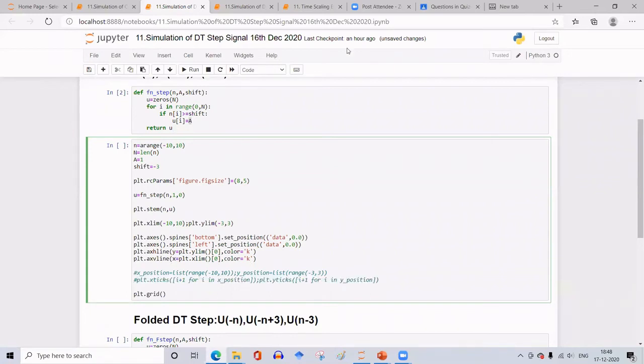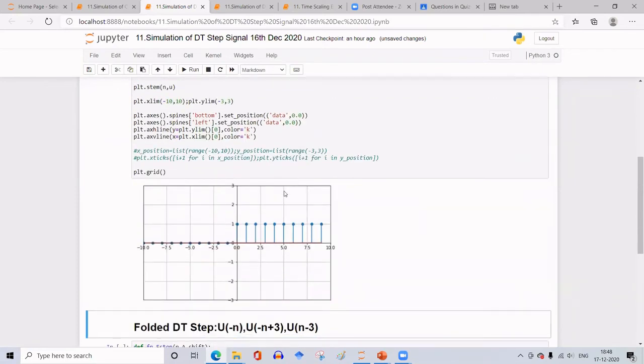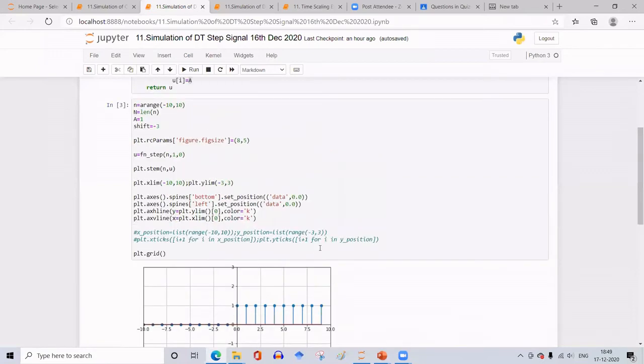Okay, so this is similar to the continuous time signal, with the changes that we have made with respect to n, and here also we have replaced t with n. Here you see we got the unit step signal, but the x-axis is marked with fractions 0, 2.5, 5.0. But for a discrete type signal, the x-axis marking must be in integers, is it not?